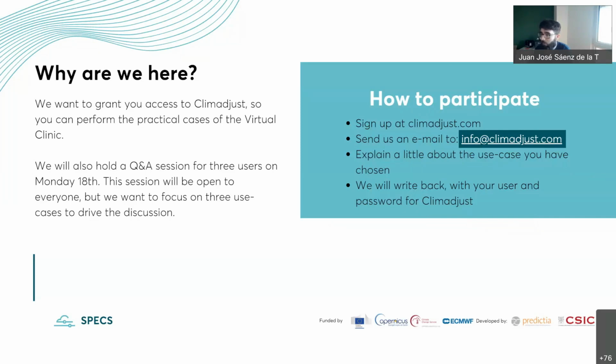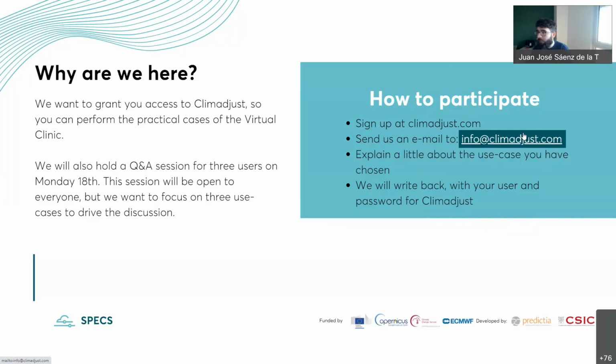but we want for you to send us the problem that you are working on, the use case. You can send a little description to the email here, info@climadjust.com, and we will select 3 use cases from all the emails that we receive. We will select the 3 use cases by looking at the variability between the use cases.